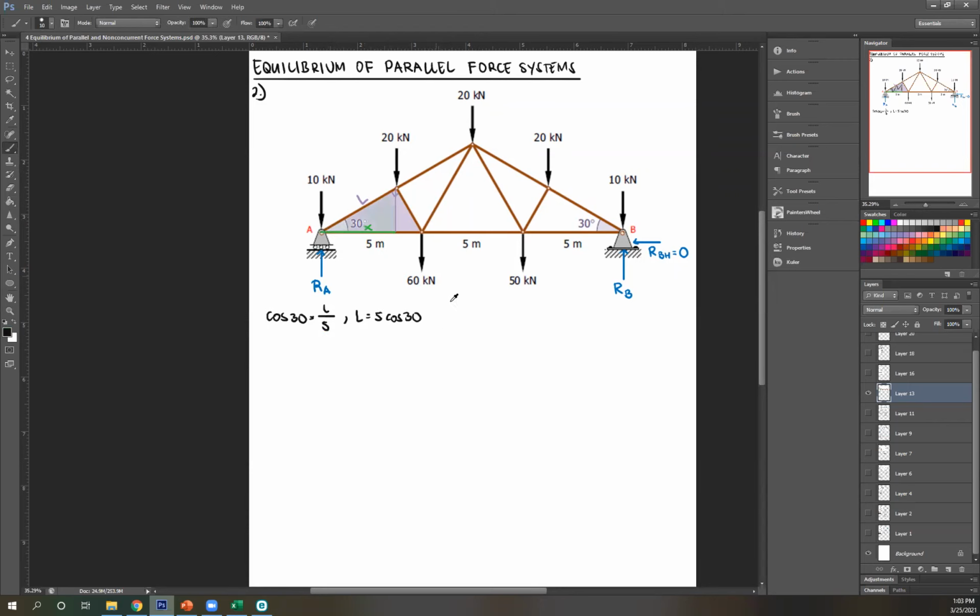So considering only this, still using your angle 30, cosine 30 equals adjacent, now my adjacent is X over hypotenuse. In this case, hypotenuse is L. So X is equal to L cosine 30, and L is just 5 cosine 30. So I can solve for X. What's X?